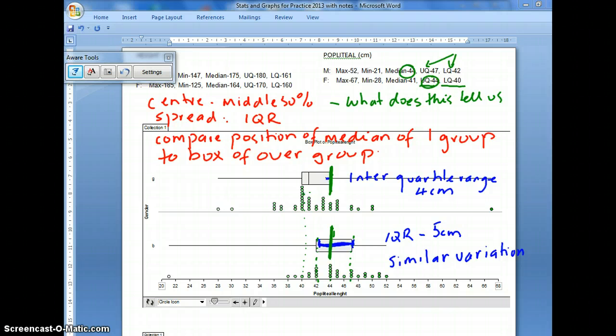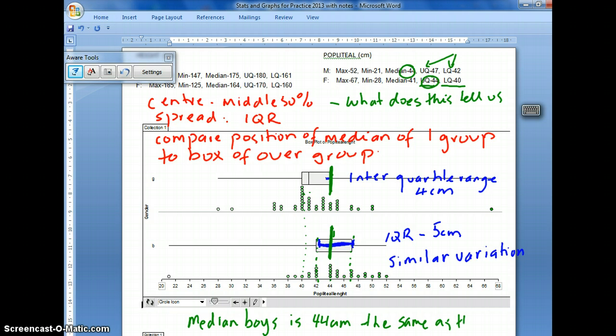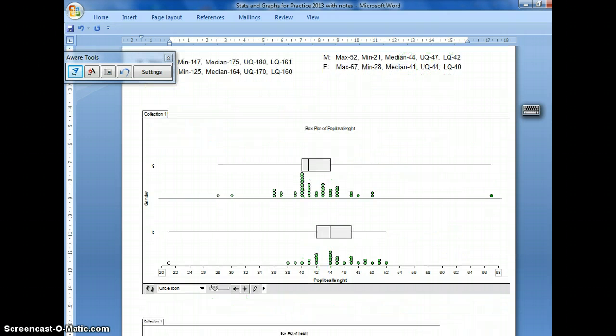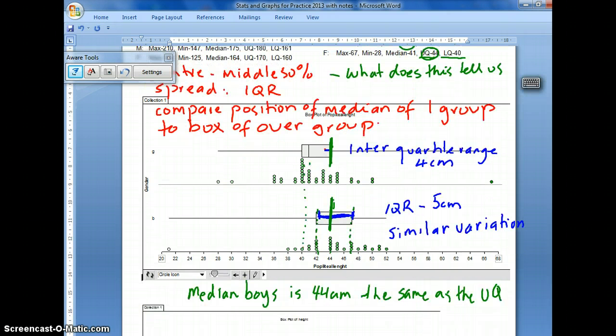So what do we say here? We say the median for the boys' popliteal lengths is 44 centimetres, the same as the upper quartile for the girls' popliteal lengths. So what does this tell us?